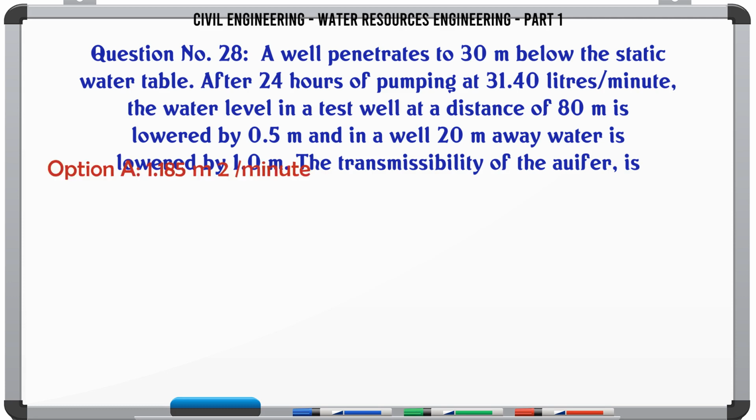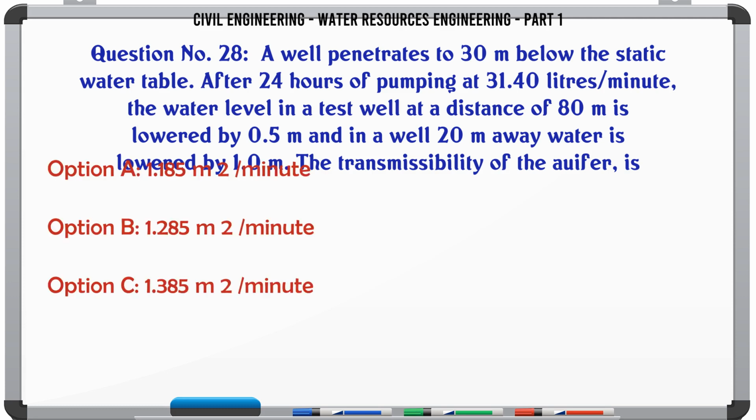A well penetrates to 30 m below the static water table. After 24 hours of pumping at 31.40 liters per minute, the water level in a test well at a distance of 80 m is lowered by 0.5 m and in a well 20 m away water is lowered by 1.0 m.